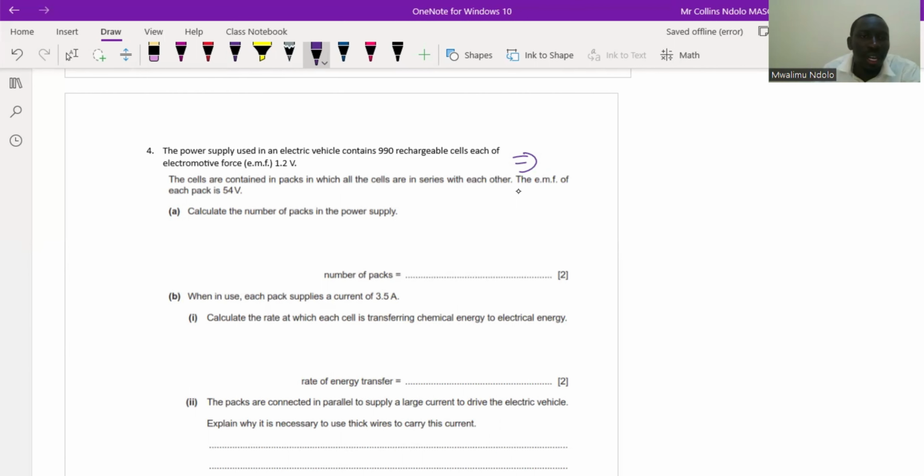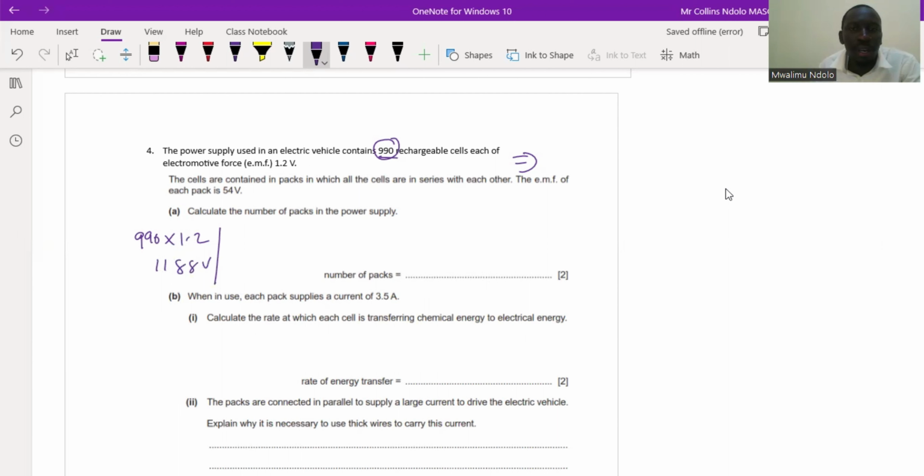So this is not electricity, this is a logical question. So if we are going to pack them, the first thing we need to do is to find, if we have 990 cells, what will be the total PD? So we will have 990 times 1.2, that is if all of them are in series, that will give us 1188 volts, the total.